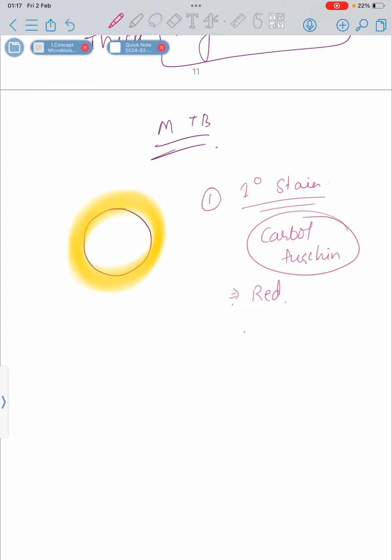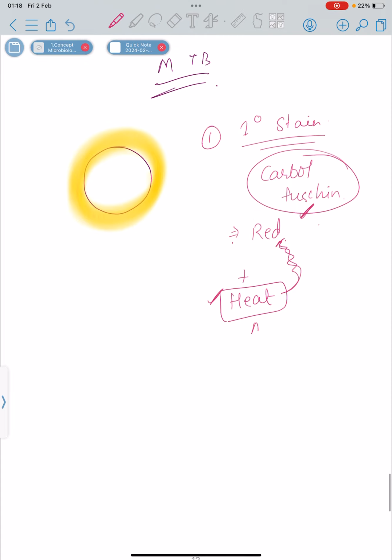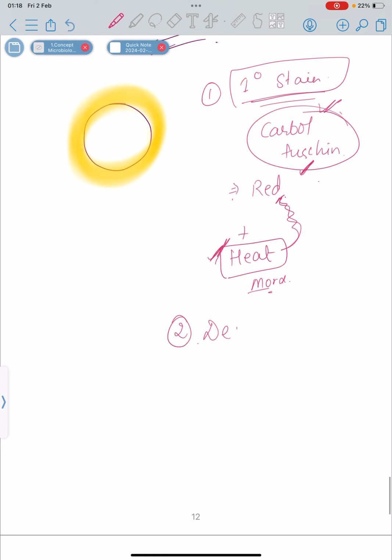So with the stain, we give heat. Why heat? So as to allow the penetration of carbol fuchsin. Heat in a way acts as a mordant. So number 1 is primary staining with carbol fuchsin, which we do along with heat. Now the second step is obviously decolorizing.